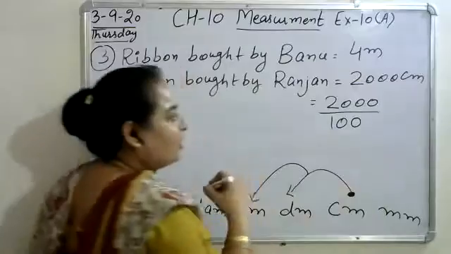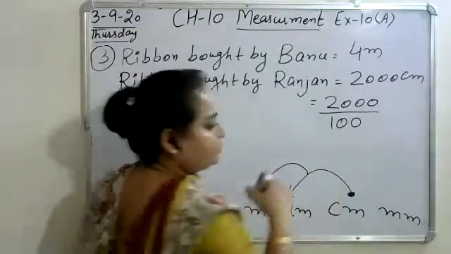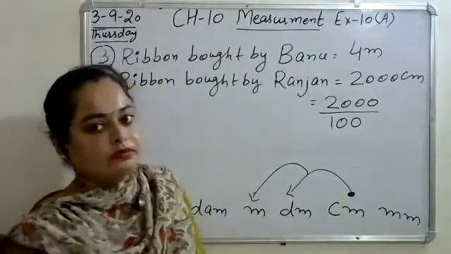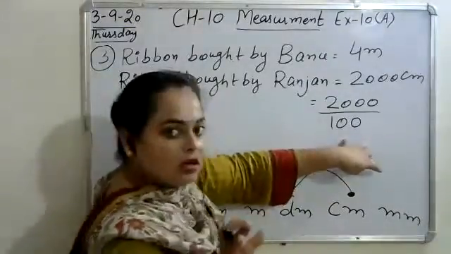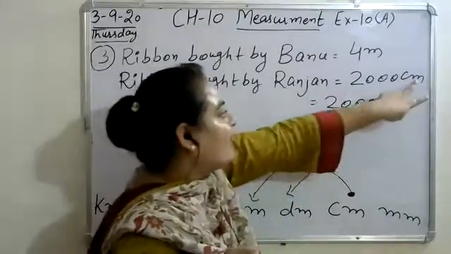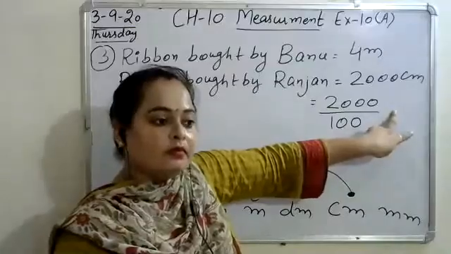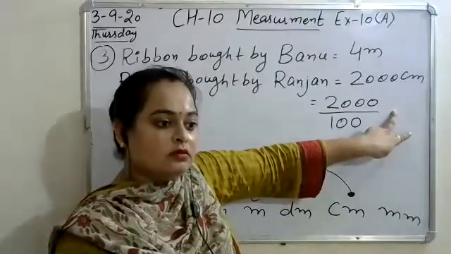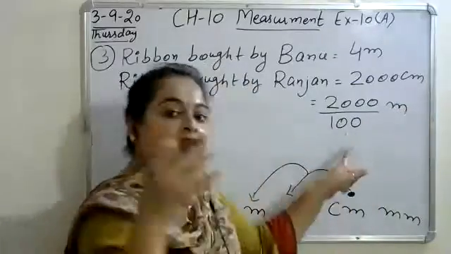And now tell me beta, here you will write meter or centimeter now after division. Ma'am, meter. Meter. Because conversion done.